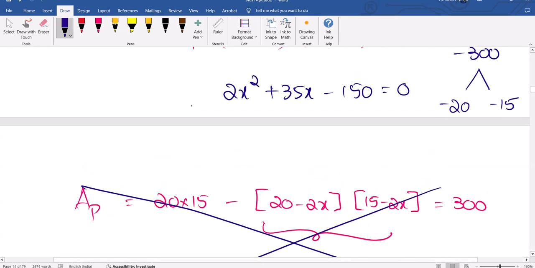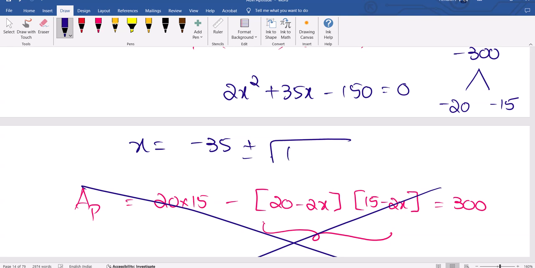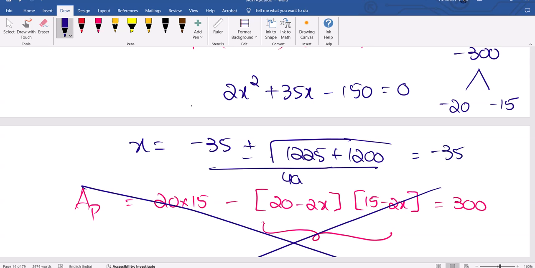Now we have a quadratic equation. You people can try minus b plus or minus root b square minus 4ac. It will give 4 into 2, 8. We got 1200 divided by 4a. Now a is in fact 2, denominator will be 2a, so denominator is 4.